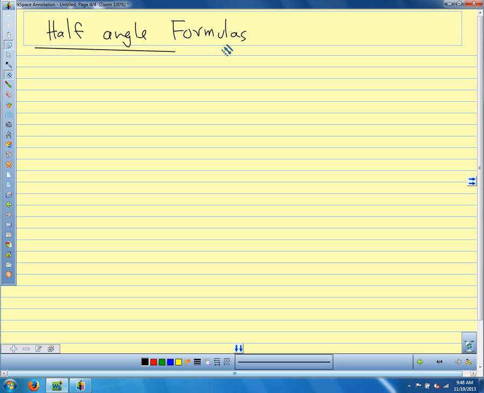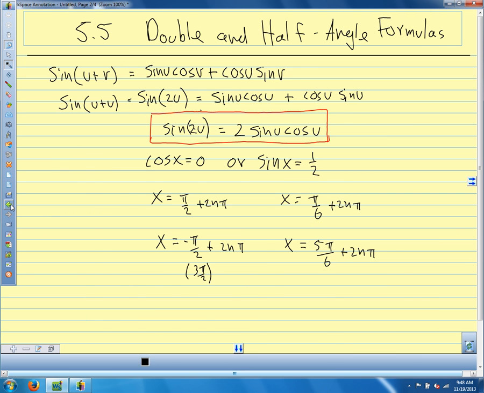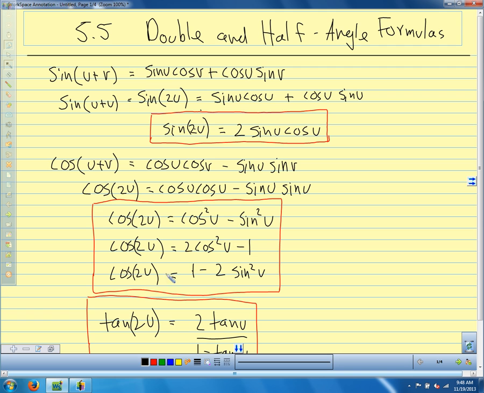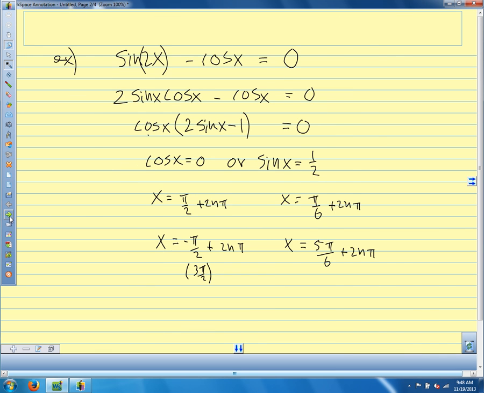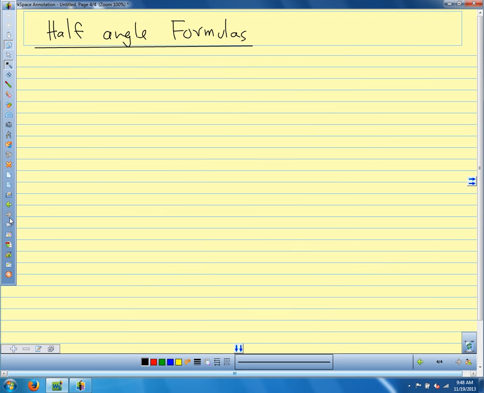And for the half angle formulas, I want to start with our double angle formula. I'm going to start with these two formulas, and we'll talk about the tangent one as well, but I want to start with the ones for the cosine.